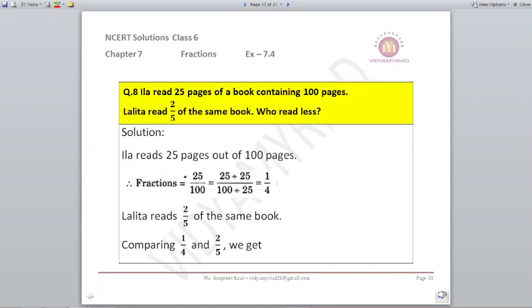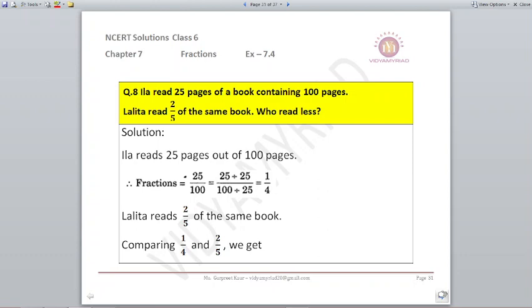Now Ila read 25 pages of a book containing 100 pages. Lalita read 2 by 5 of the same book. Who read less? Now let's find out its fraction first. According to the Ila, the fraction becomes 25 upon 100. It can be further divided and reduced to its simplest form. The fraction becomes 1 upon 4.